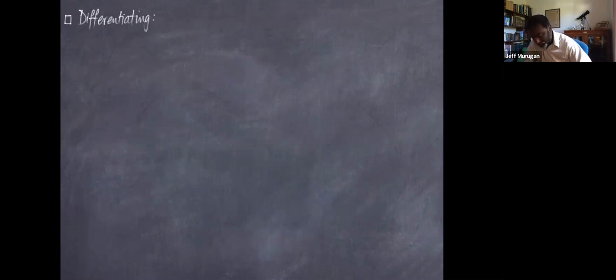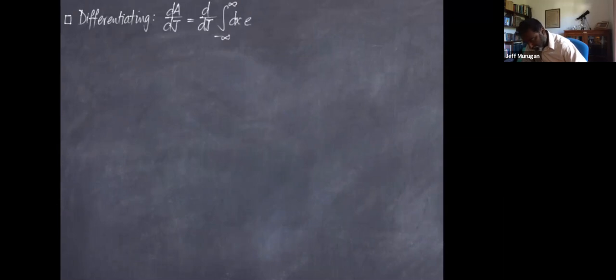So differentiating, we find that dA by dj is the derivative operator acting on the integral with respect to x of e to the minus x squared over 2 plus jx.